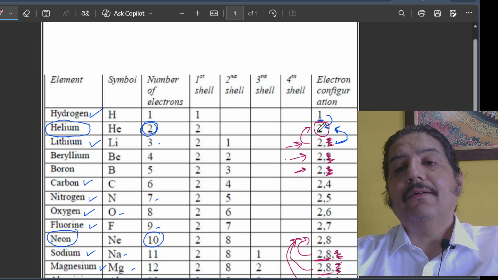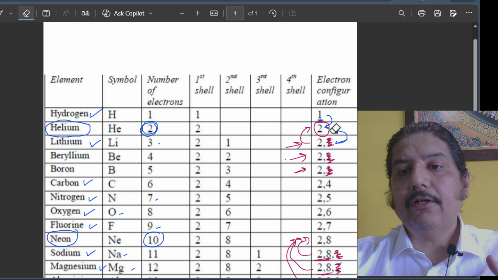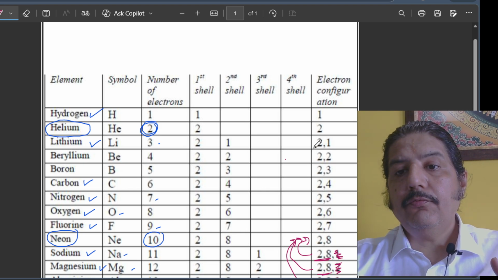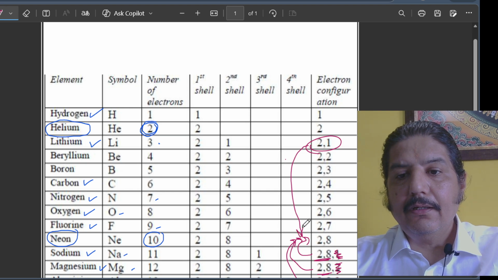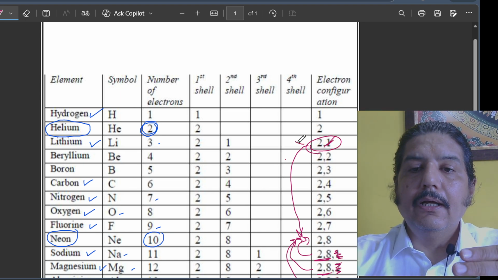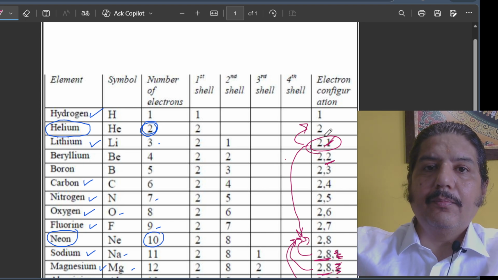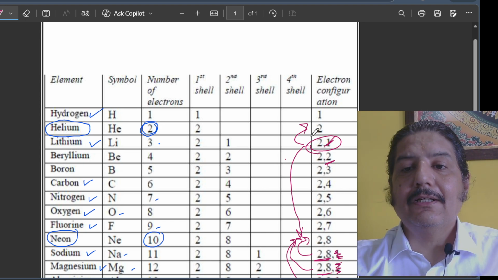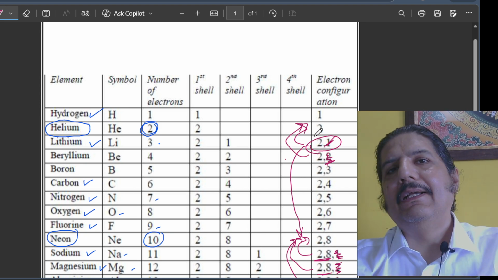So they will try to be like helium. Please try to understand the logic. For lithium to gain 7 more electrons and become something like neon is very difficult. So it will rather lose this one electron and become something like helium. Similarly, beryllium won't try to gain 6 more electrons and become like neon. It is far easier to lose the 2 electrons and become something like helium.